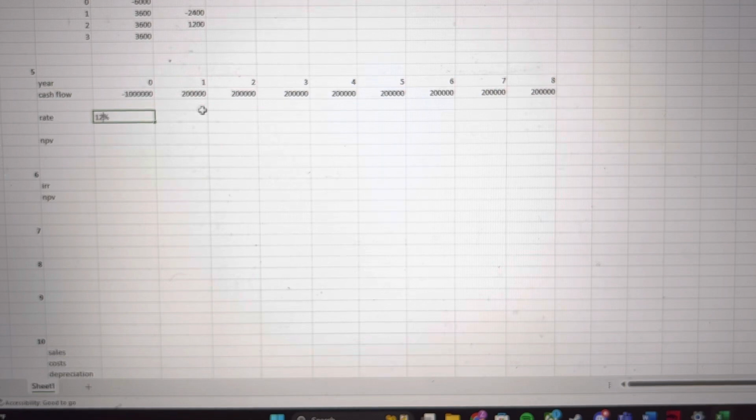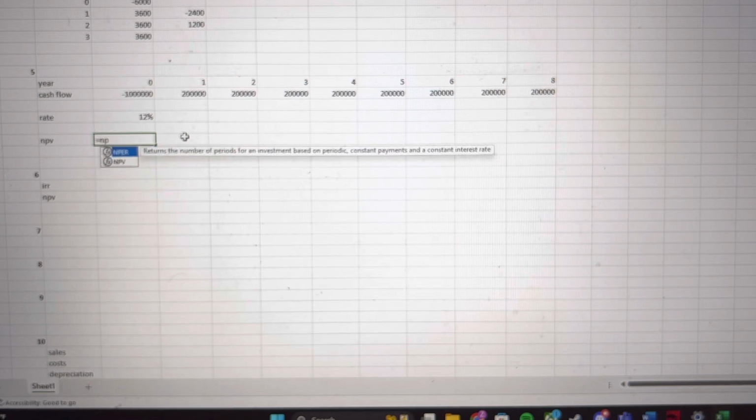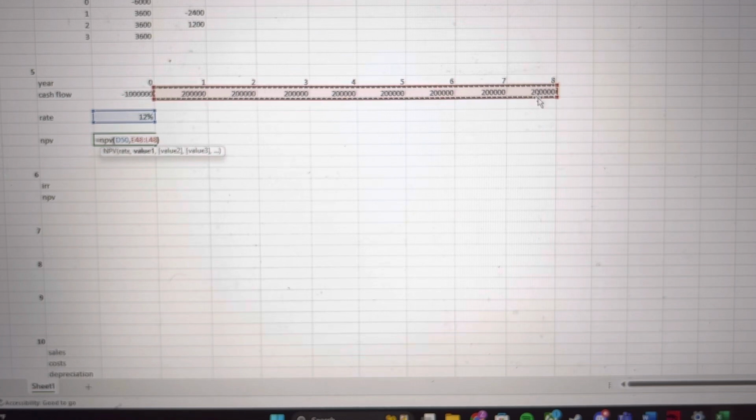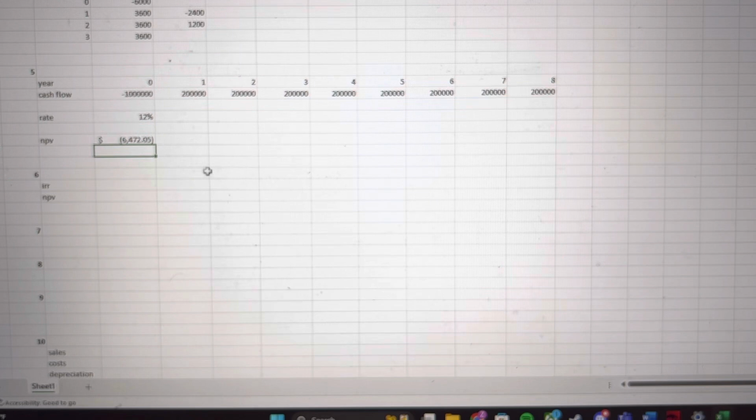The rate is 12%, and for NPV we plug in the rate, plug in years 1 through 8, and add year 0 at the end. We get a value of $6,472.05.